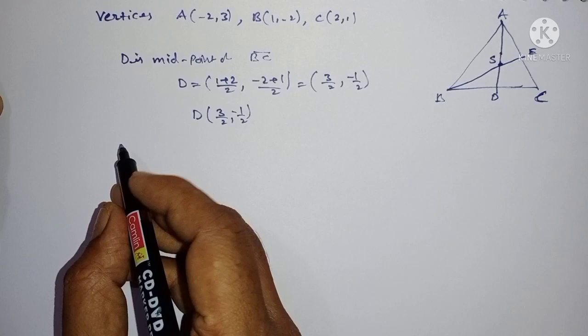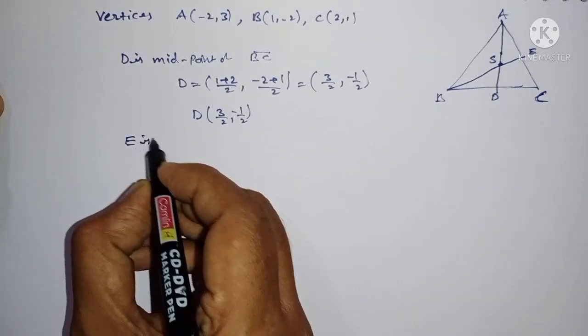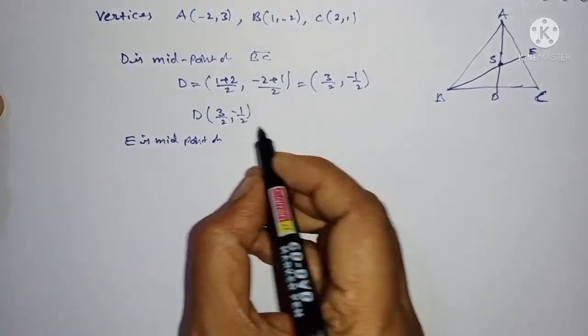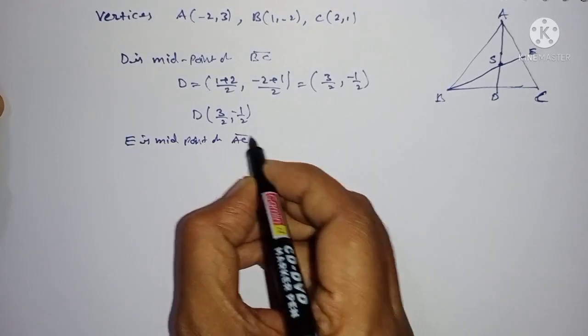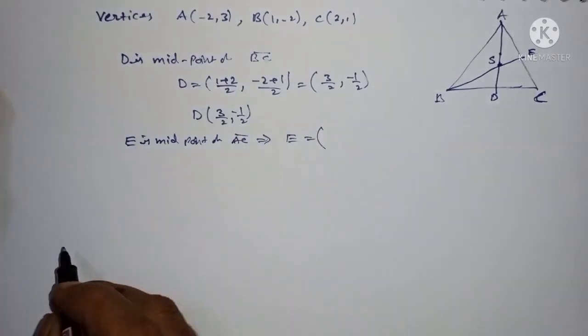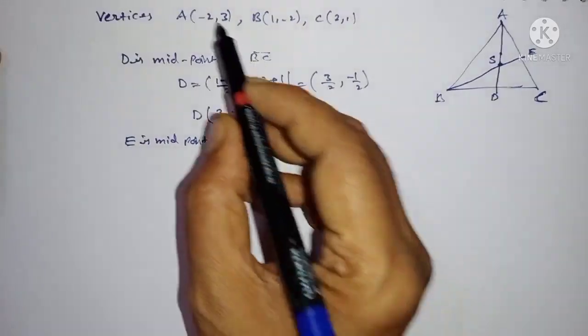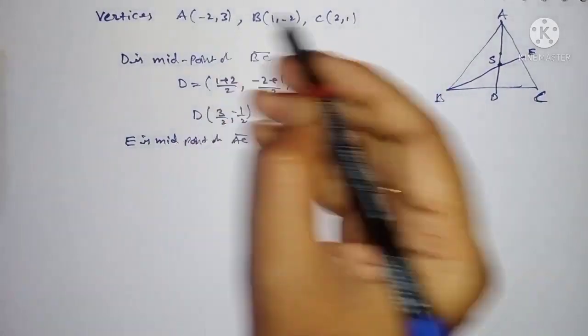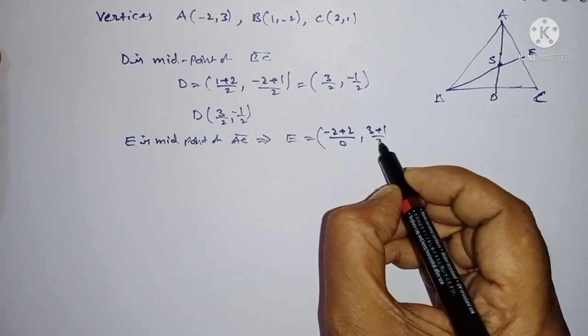And E also can find here. E is a midpoint of AC. Therefore, find out the E vertices. AC: (minus 2 plus 2) by 2 and (3 plus 1) by 2.